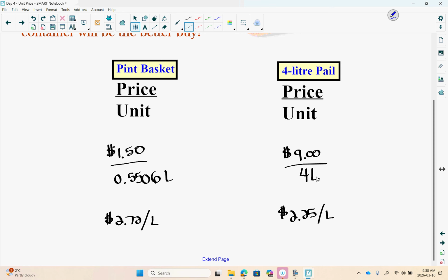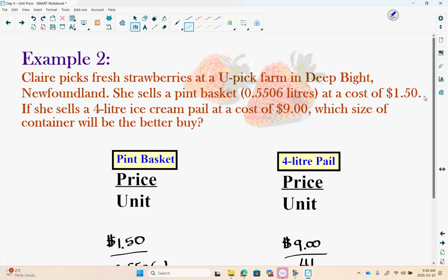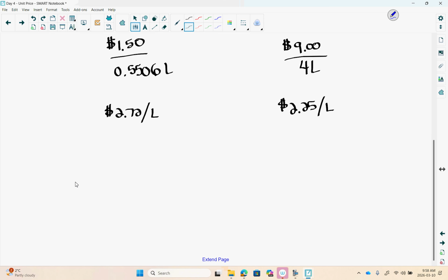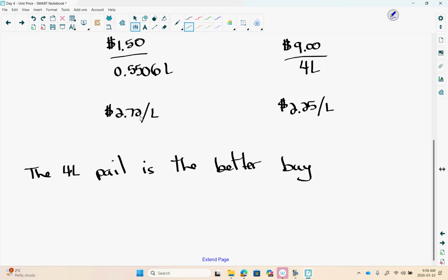Okay? So when it comes to what's the better buy, what would you say? The 4-liter pail, that's the $9 one, is the better buy. You're saving almost 50 cents a liter, 47 cents a liter.